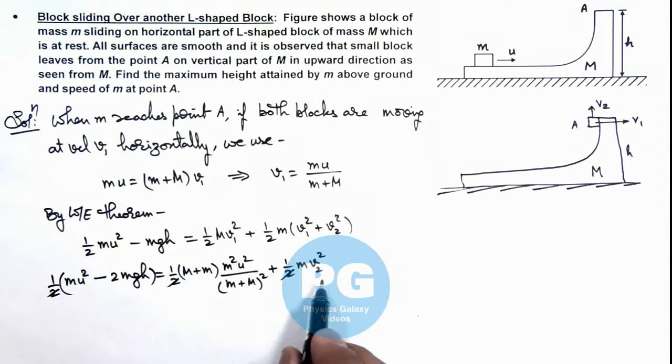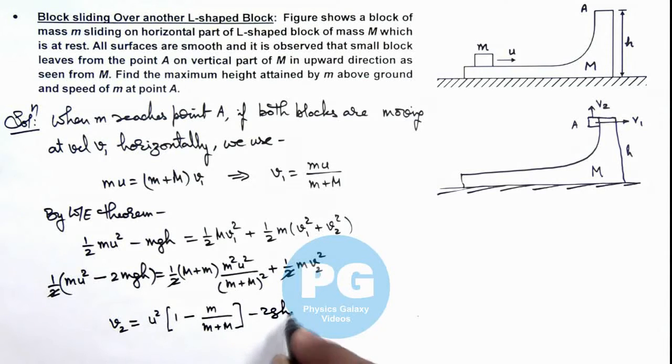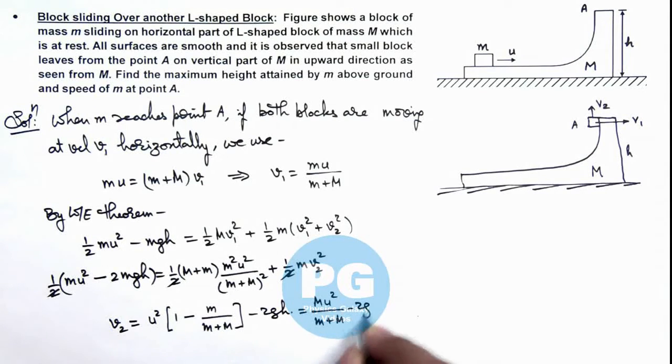Further simplifying this expression, we get v2 square equal to u square multiplied by (1 minus m by (m plus capital M)) minus 2gh. You can simplify this and verify it, which can further be written as capital M u square by (m plus capital M) minus 2gh.